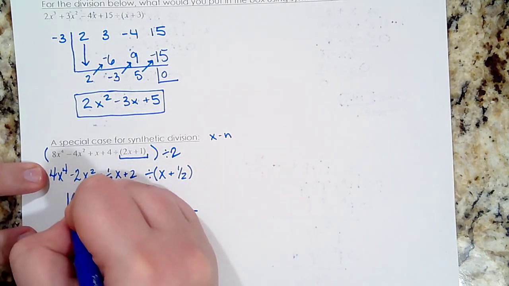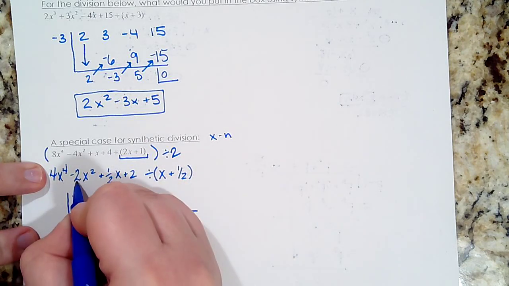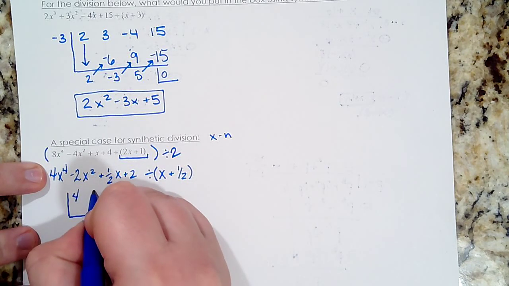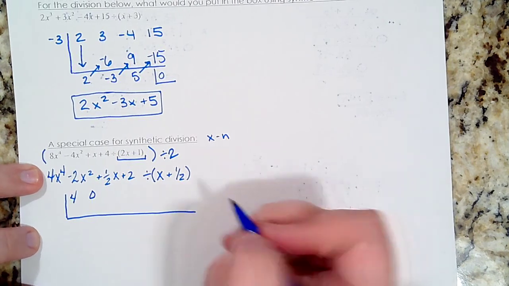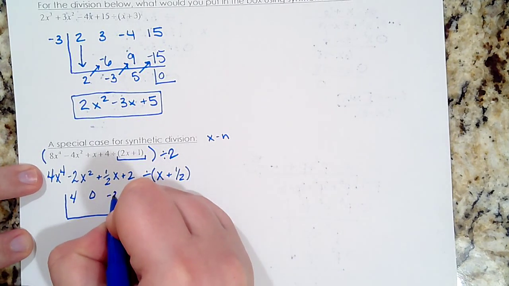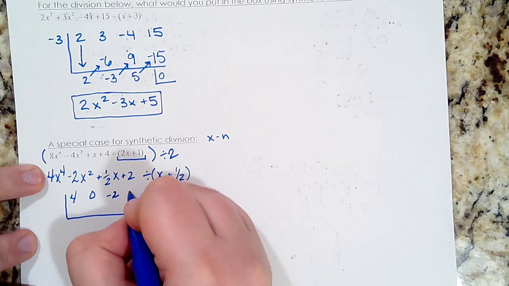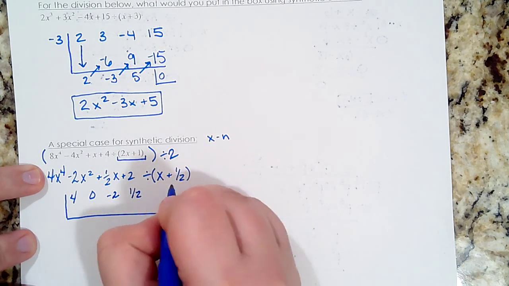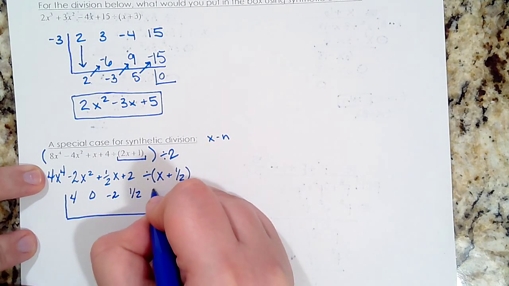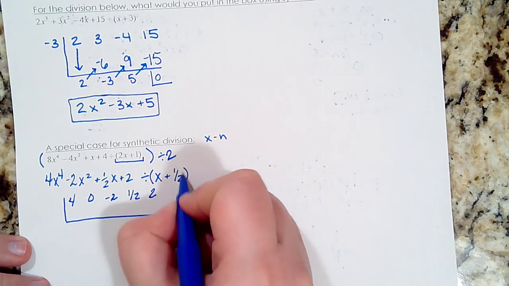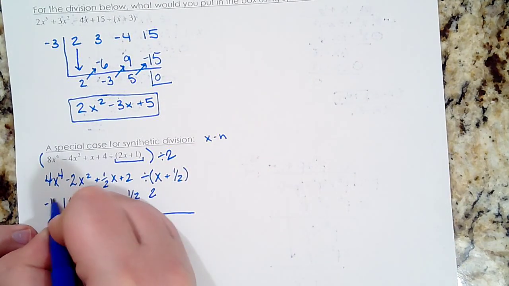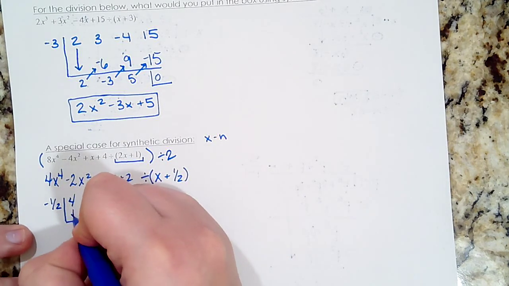I'm going to start with my x to the 4th, but before I go to my negative 2, I have to put a 0 in to stand in for my missing cubed term. Again, division has to go in order. So we have to make sure we have that accounted for. All right, now that it's all set up, we take the opposite of what's inside and we go to work.